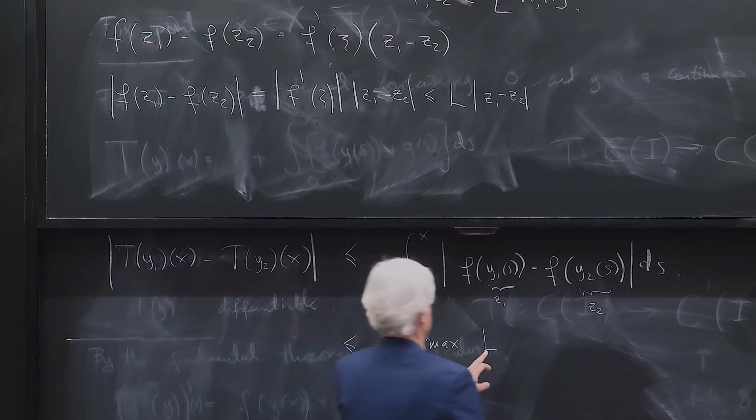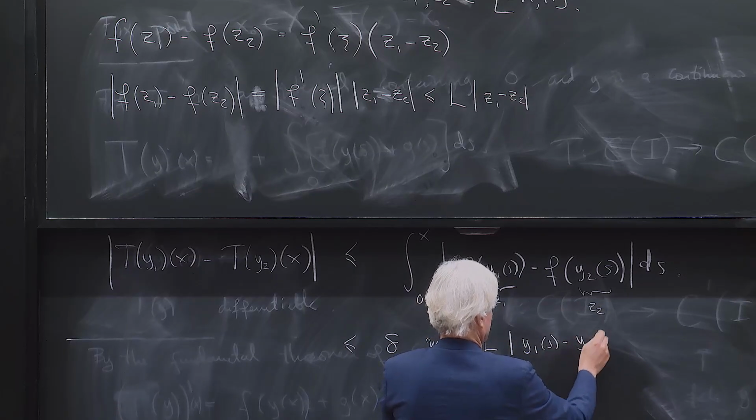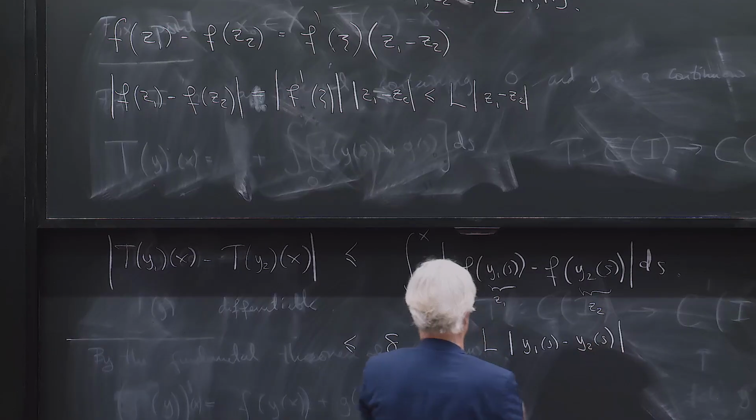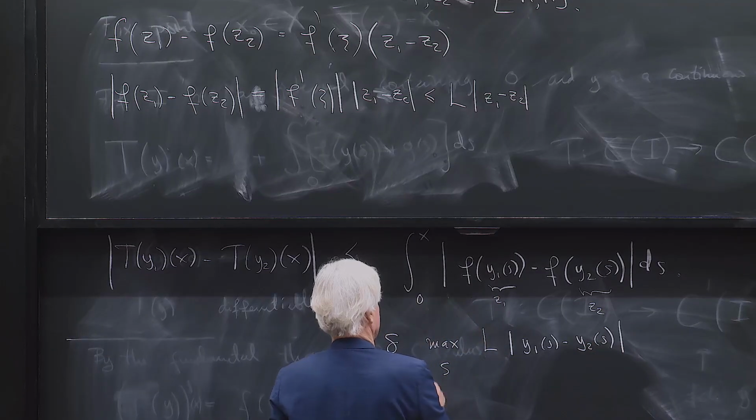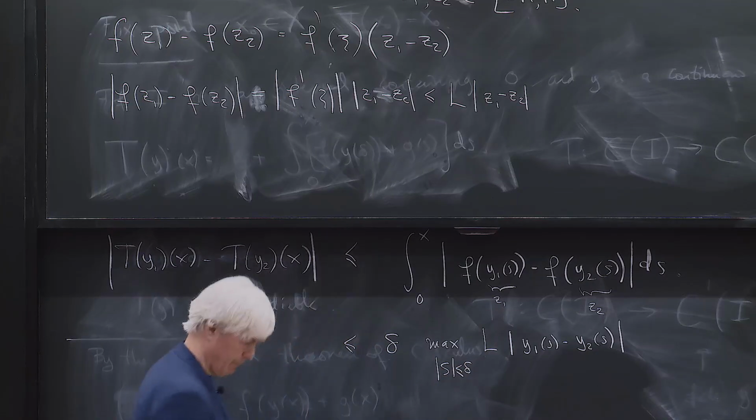So you're getting this thing here times y1 s minus y2 s, and here s will now lie in this interval here.